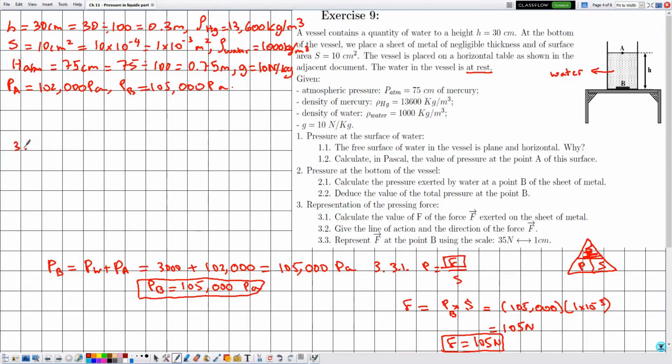Now 3.2, give the line of action and the direction of the force F. So let's write line of action in this order. We start with the line of action, then the direction.